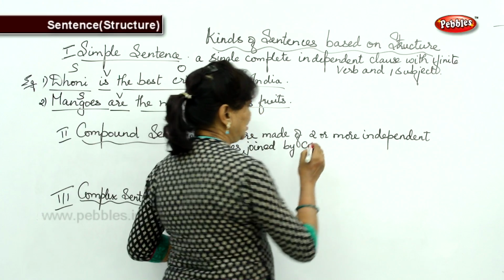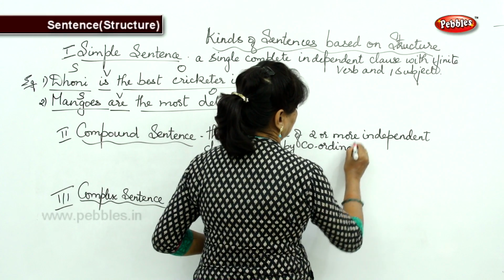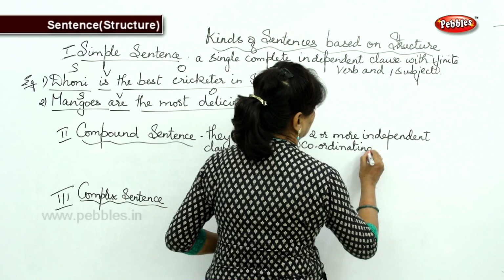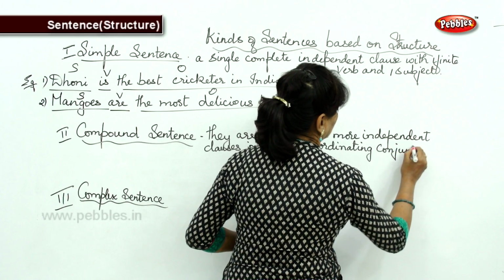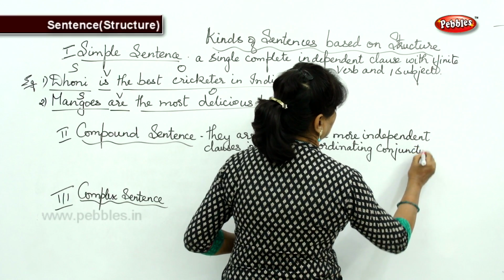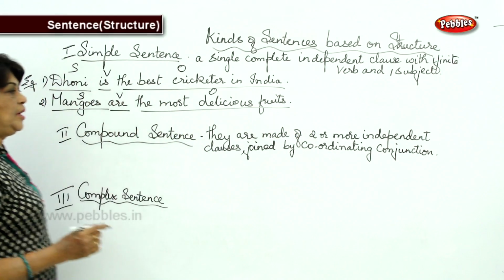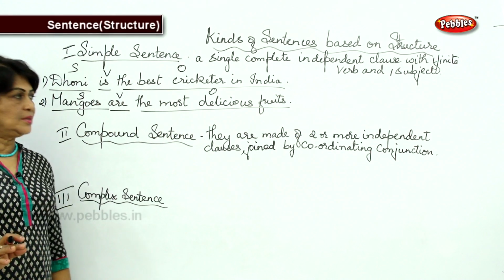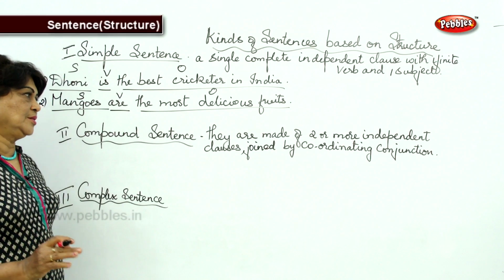Now, what you've learned? They are made of two or more independent clauses joined by coordinating conjunctions.